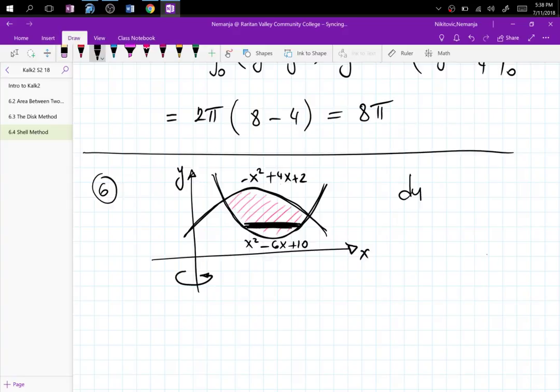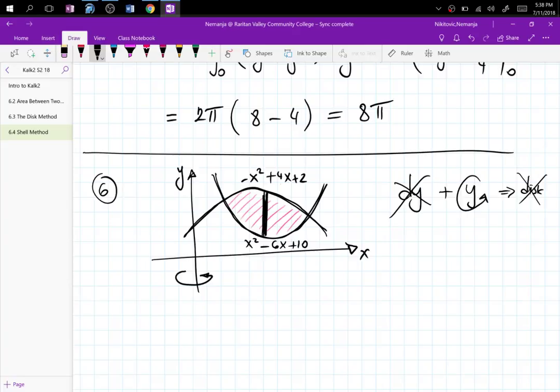If dy is out and there is a rotation on y, well, that means that the disk method is out. You can't use it just because you cannot set up the integral. So now, if you know that the disk method is out, by process of elimination, you have delta x. And delta x is the one that we actually can use.